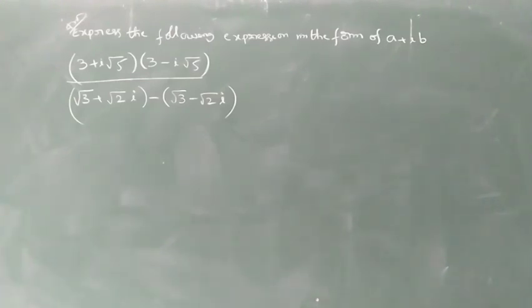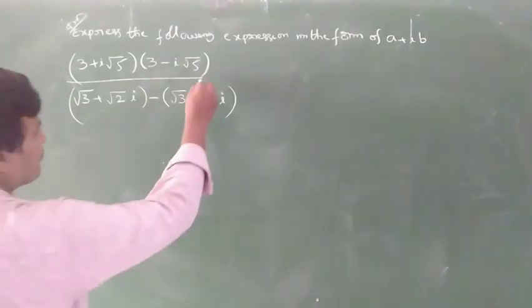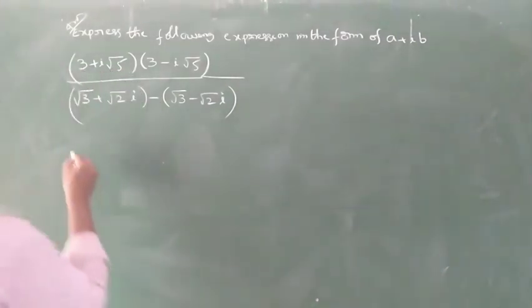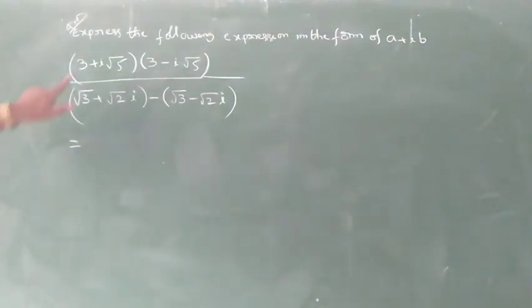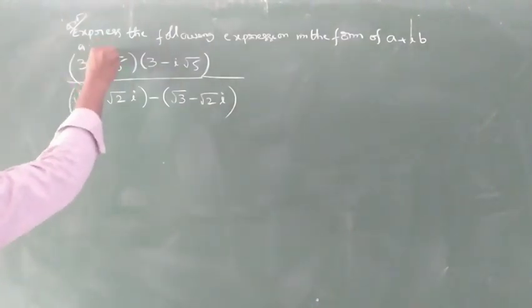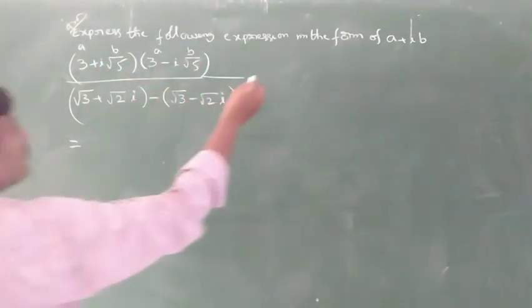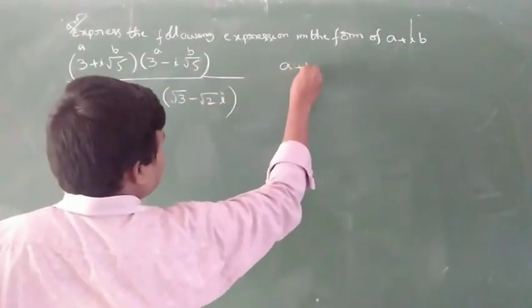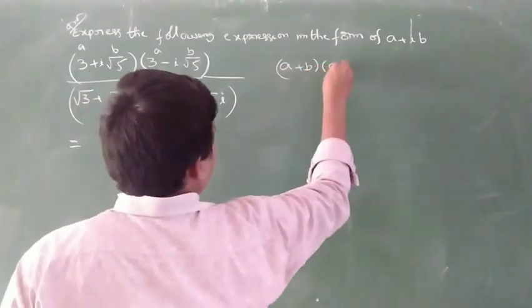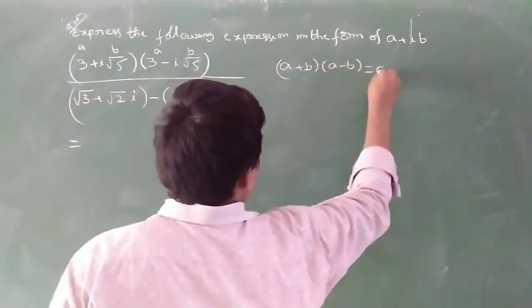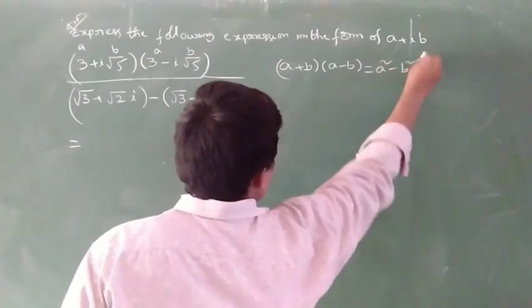Okay, so first, here 3 plus i root 5 into 3 minus i root 5. This is a, this is b, the same. a plus b into a minus b is equal to a square minus b square.